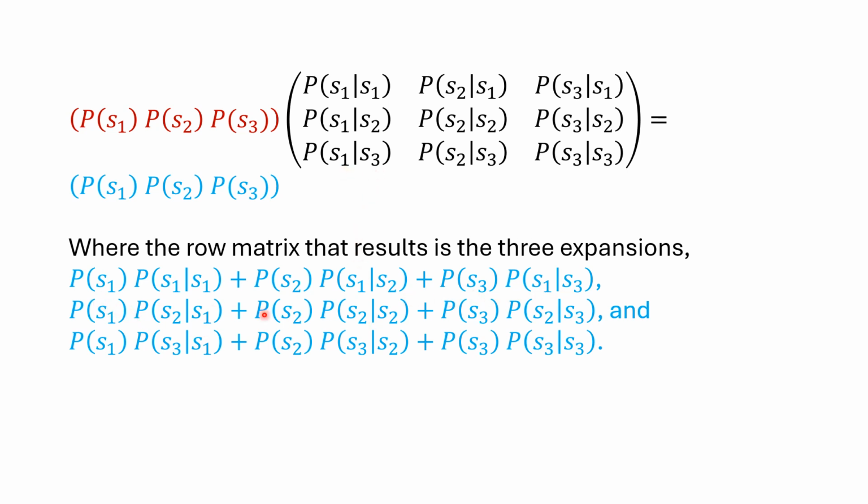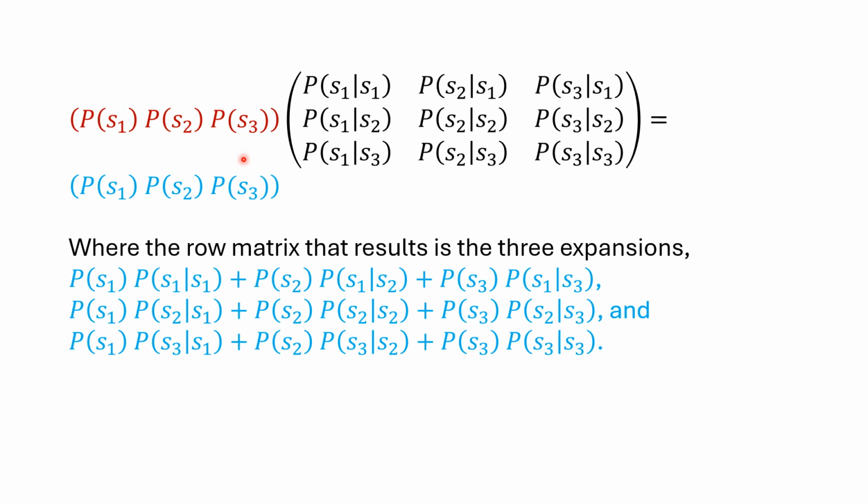So that's really an expansion theorem for the probability of S1. Right here, S1, that's where we end up. And this is the expansion for ending up in S2. And this is the expansion for ending up in S3.